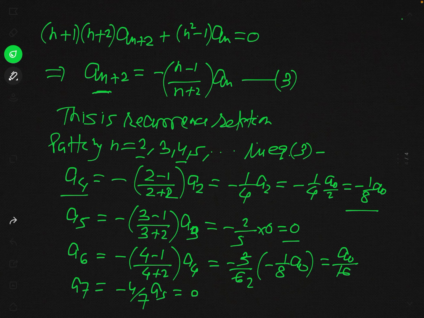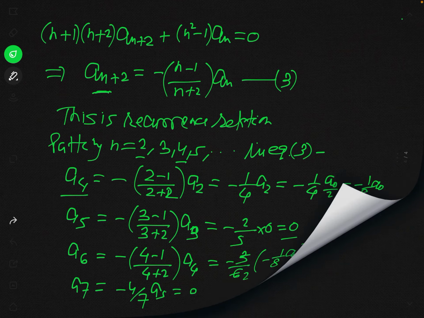So all the coefficients having odd subscripts, that is a3, a5, a7, a9, will all be 0. And the coefficients with even subscripts, that is a2, a4, a6, a8, will be non-zero.